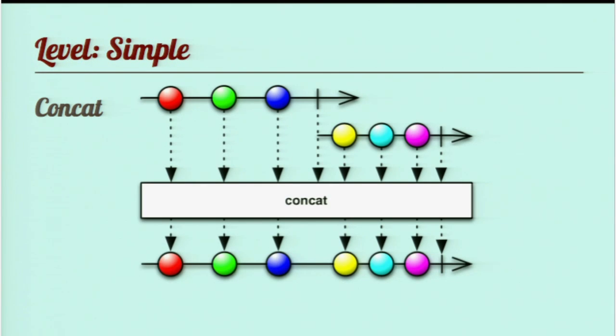So what this means basically is that it will start with observable A, emit all the items on A, and once A completes, it will start emitting all the values from observable B, the second observable. So all from A, then all from B.